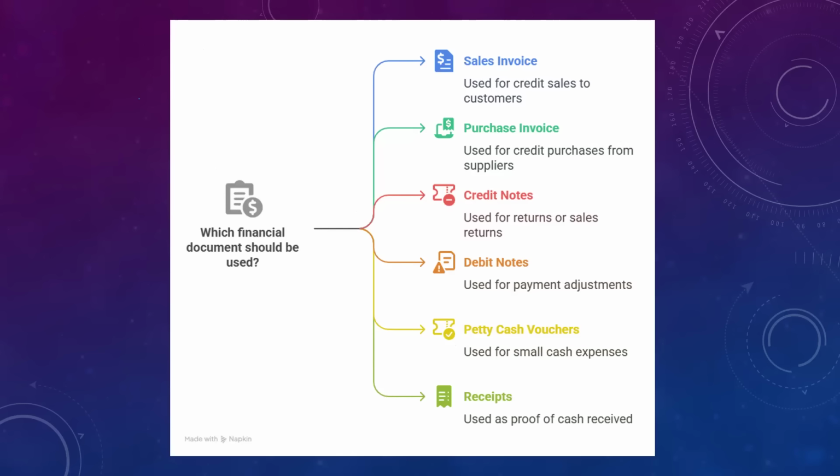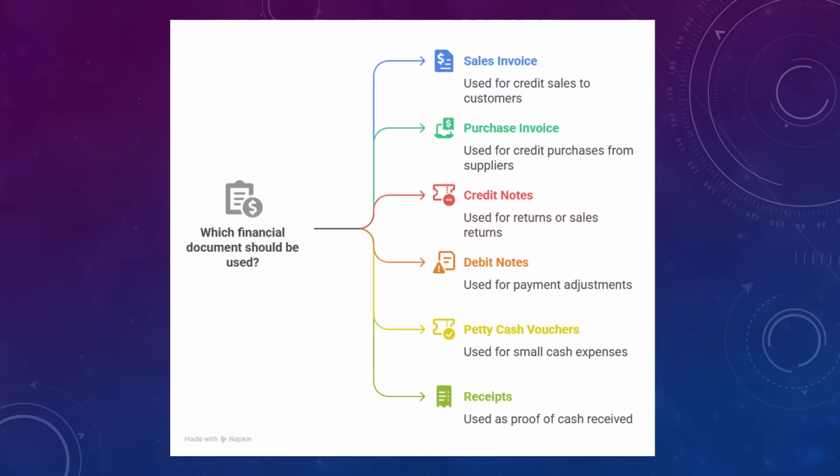These are some of your source documents that you need to know. There's the invoice, which is used when goods are bought or sold on credit. If I sell something on credit, I will give an invoice, and that will be a sales invoice.